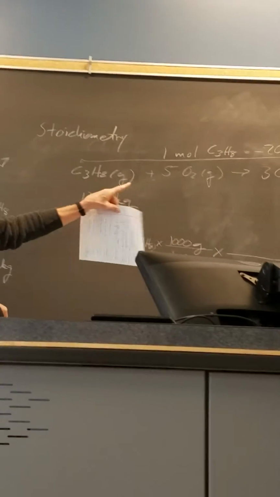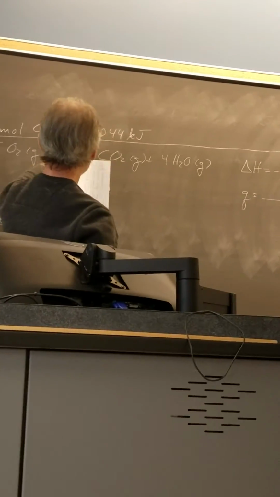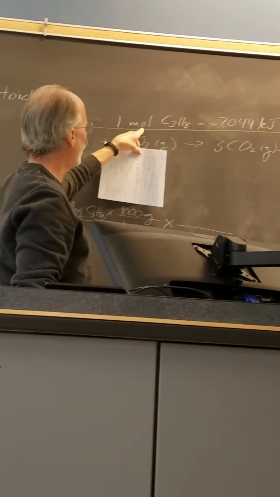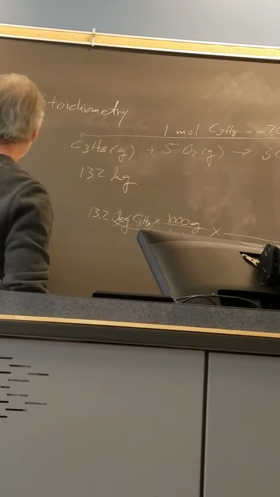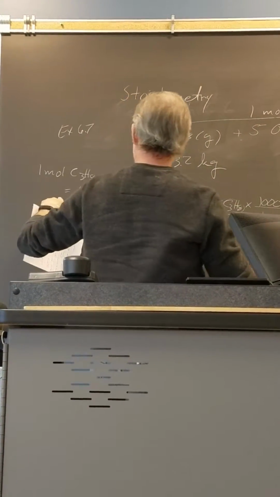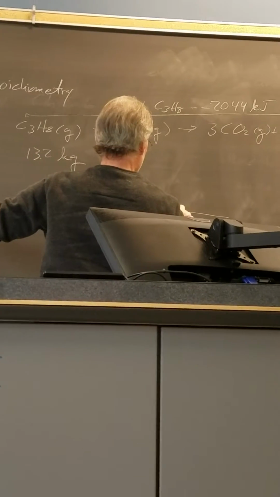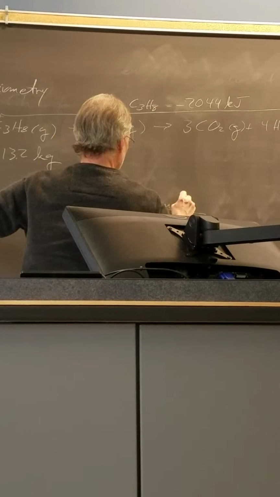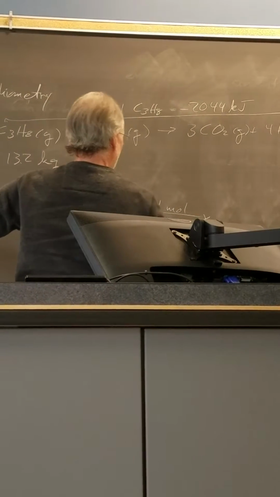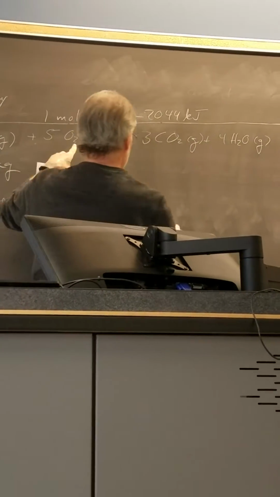In order to get to kilojoules, you need to use this, which means you need moles of the C3H8, and you get that with the molar mass. So 44.1 grams equals 1 mole. And now that you have moles, you can get the kilojoules.